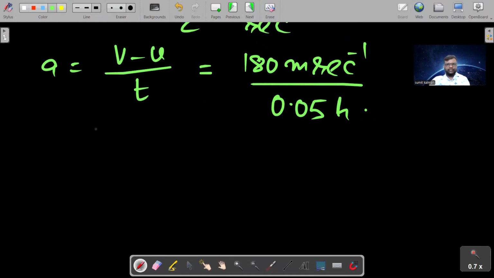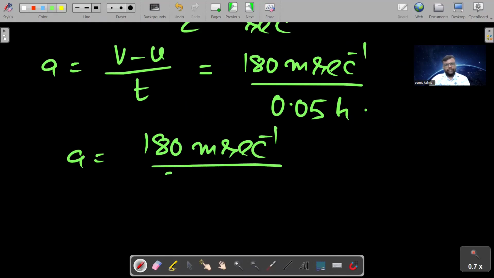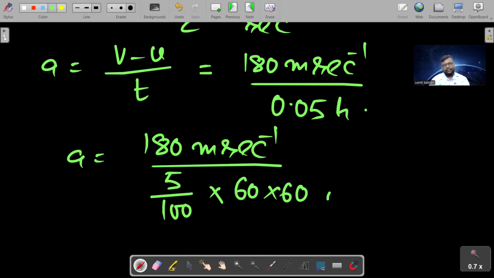So here, students, we will write as it is. a is equal to 180 meter per second upon 5 upon 100 into, 1 hour has how much minutes? 60, and 1 minute has 60 seconds. So it will be 60 into 60 second.